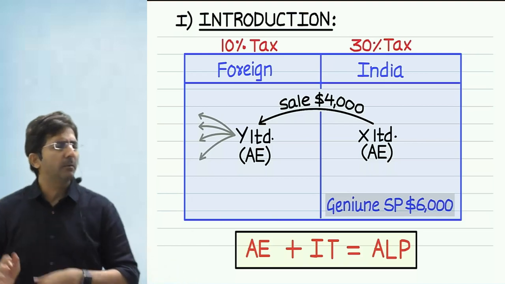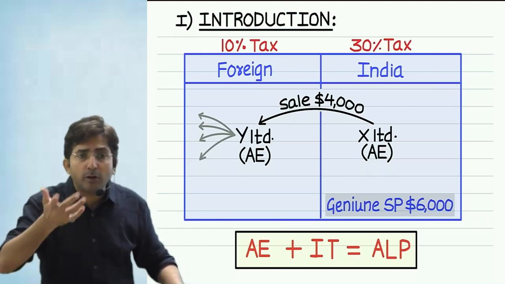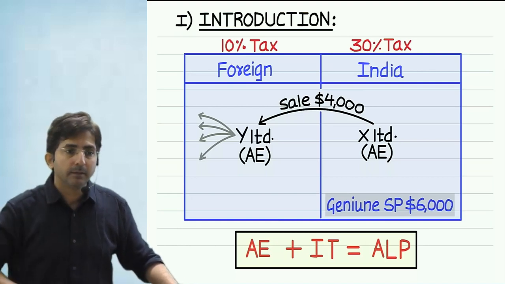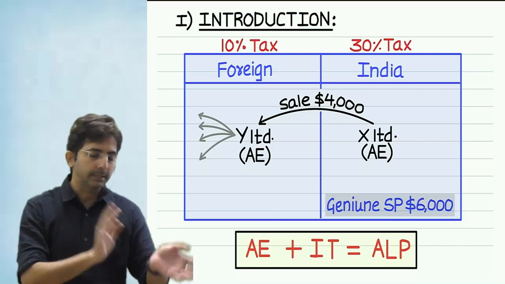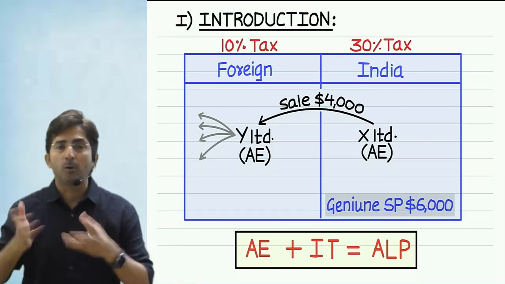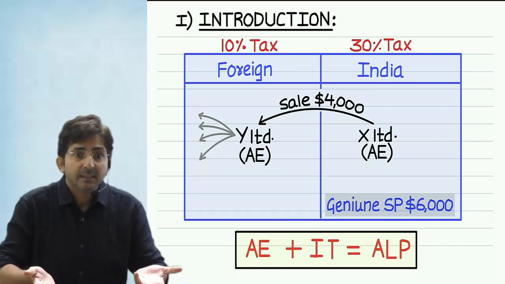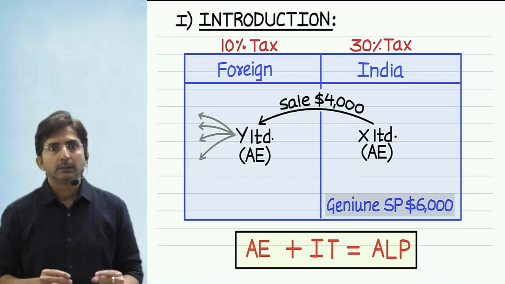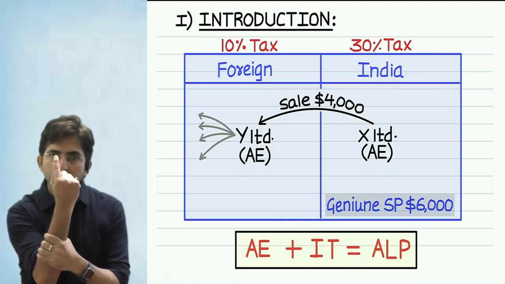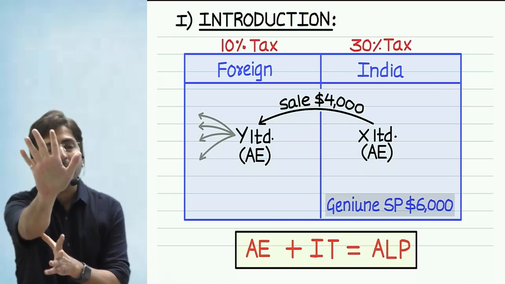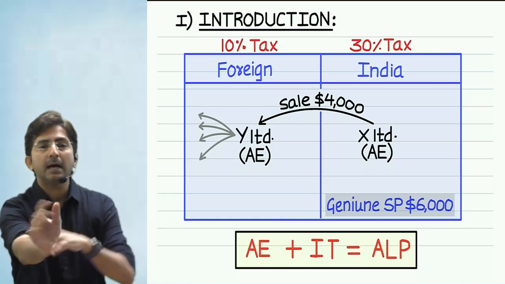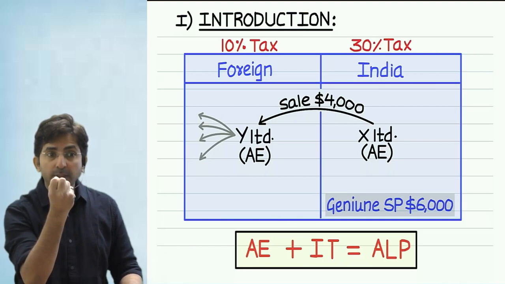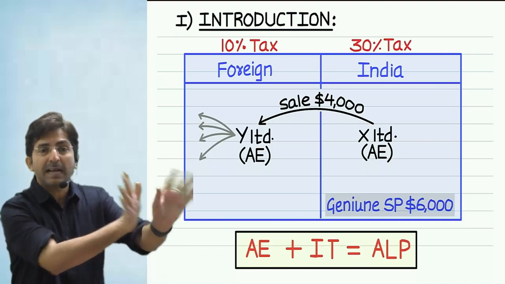It can be a sale, purchase, lending, borrowing. Lending, borrowing means it will give rise to interest payment or interest income. So international transaction can be sale, purchase, lending, borrowing, lease, etc. Any transaction wherein at least one should be NR. That means either one is NR or both are NR. And you know that the NR you need should have no tax connection in India.